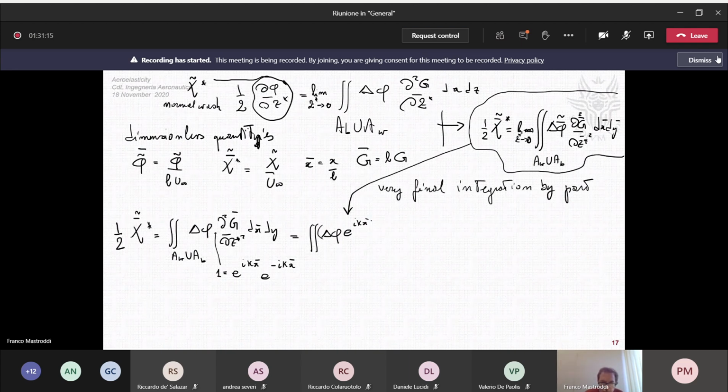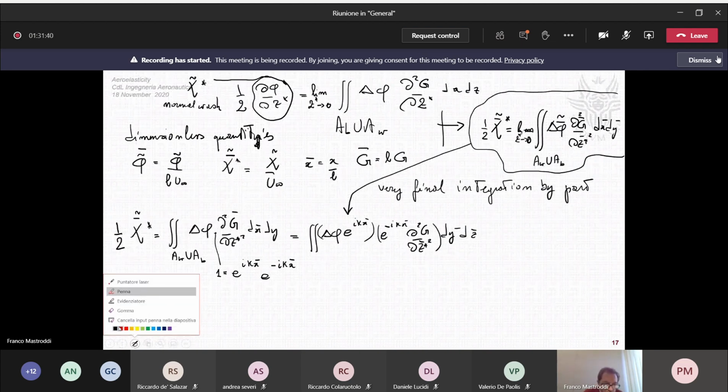I have another factor, e to the minus i k x bar times the second derivative of g with respect to zeta bar, dx dy.